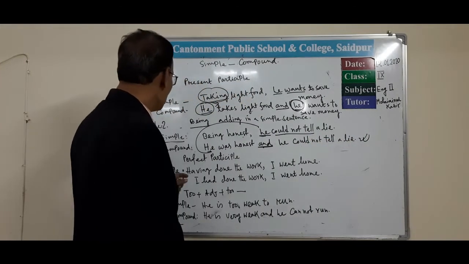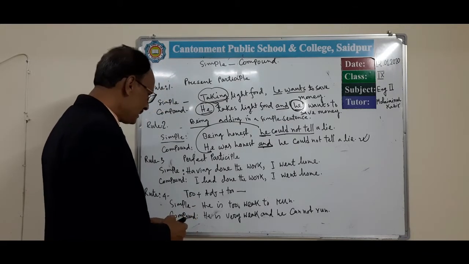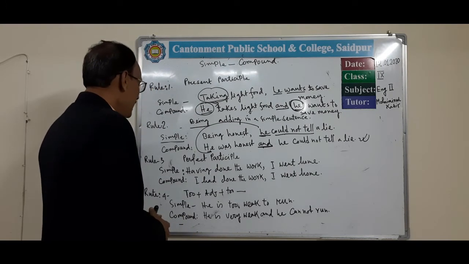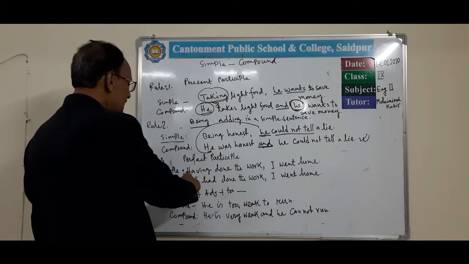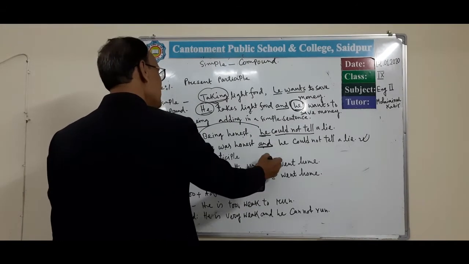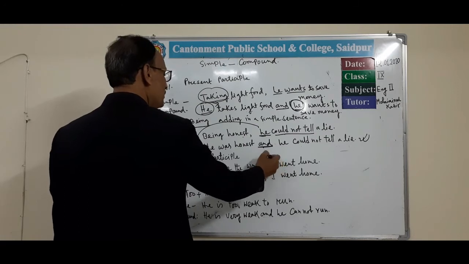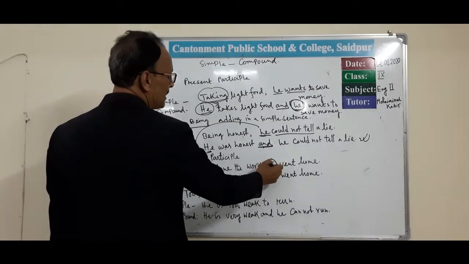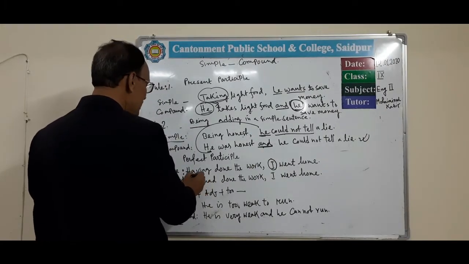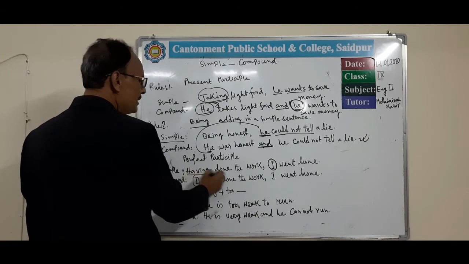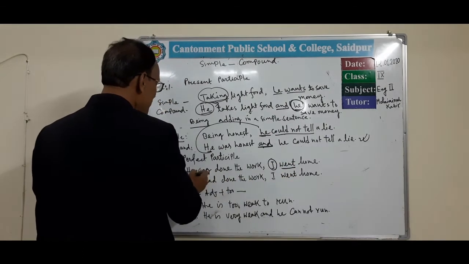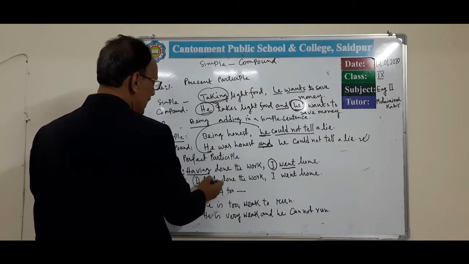Then whenever you get the perfect participle, how can you transform it into compound form? Simple sentence: having done the work, I went home. By the same rule, the subject we use in the independent clause will come first: I. Here we use having, so having in the past form is had, and the past participle is done.